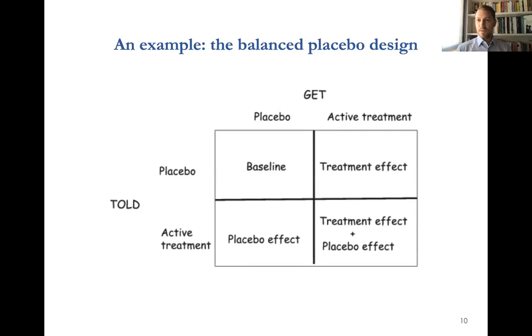As you can see here, there are a couple of examples that we can cite, but given the fact that this lecture is supposed to be very brief, I will only refer to one example, that is to say the use of a balanced placebo design. So let's suppose, for example, that we want to study the role of placebo effects and expectations with respect to certain conditions.